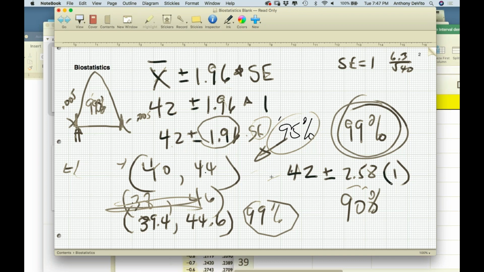I'm not going to bother to go to the table to look it up, but I can tell you that z-score is going to be 1.64. If I use 1.64 in here, this margin of error becomes a smaller number, so I'm adding and subtracting a smaller number, which means my confidence interval is narrower. 90% confidence interval, 95% confidence interval, 99% confidence interval.